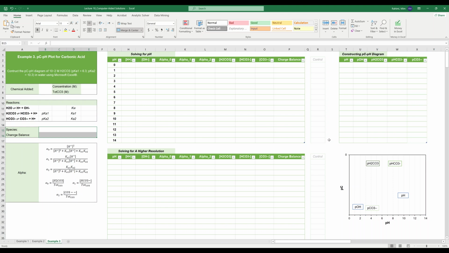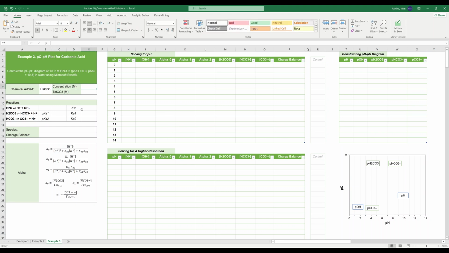But what we didn't talk about in that lecture was finding the pH for a diprotic acid system using a graphical solution. As I told you, it's a little bit more tricky compared to a simple monoprotic acid, where we define LHS and RHS and that cross point was relatively easy. Here, the chemical that is added is carbonic acid, H2CO3.